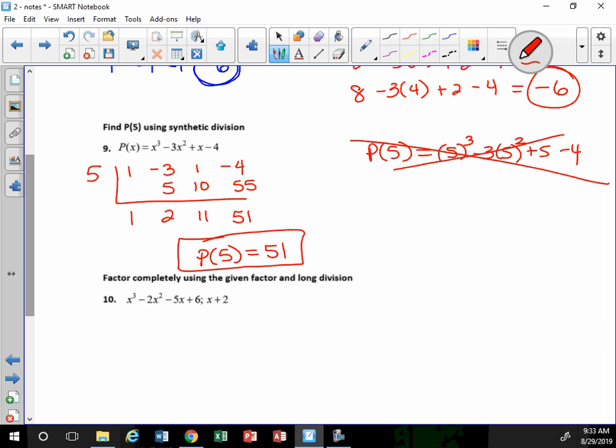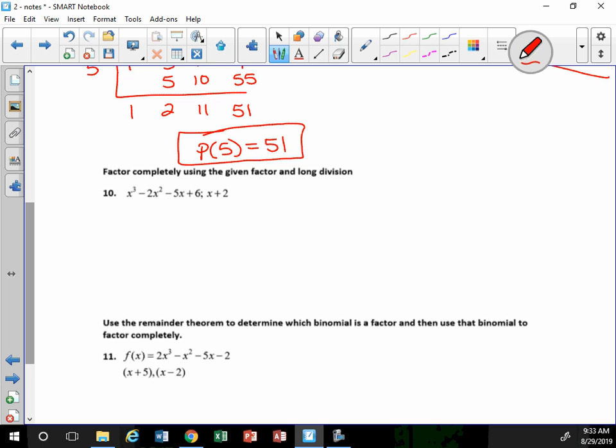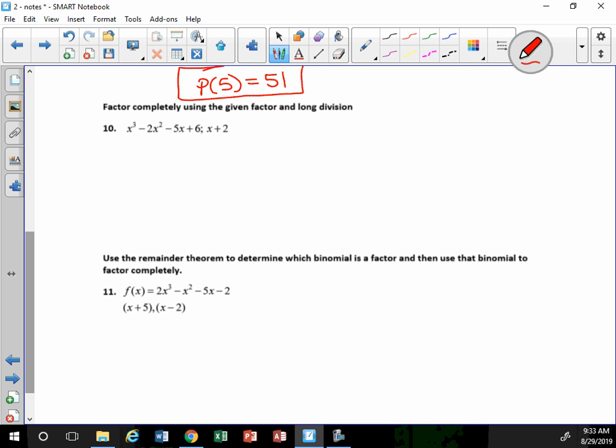Okay, let's look at 10. It says factor completely using the given factor and long division. You don't have to do long division. We'll just say whatever division you want to do. If I'm dividing by x plus 2, could I do synthetic? Yes. Would we rather do synthetic? Yes. Okay. All right, so what goes on the outside for my synthetic?